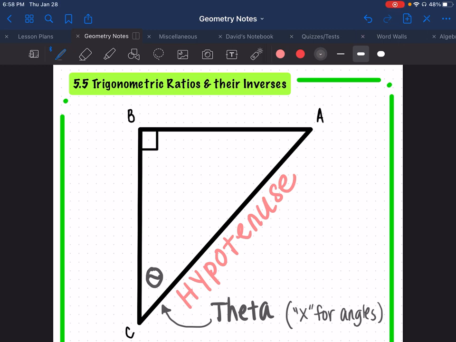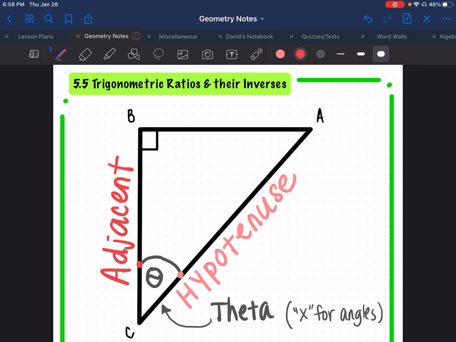Now, to name the other two legs, what you're going to do is draw your arc mark here at theta, and notice that this side of the arc mark is touching the hypotenuse, and this side is touching the leg. This leg that the arc mark for theta, for your angle, is touching is called the adjacent side, because adjacent means I'm right next to theta.